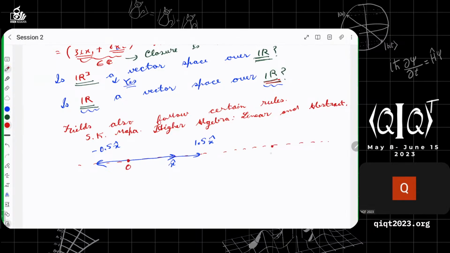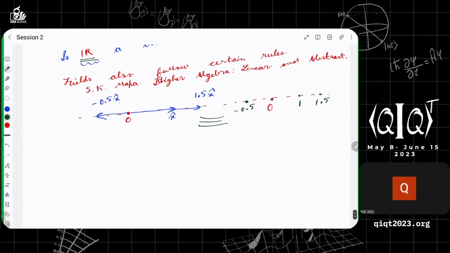The thing is that since there is only one dimension involved, and there's only one unit vector, this x roof denoting the direction is sort of redundant. As in, we could also just denote these points by numbers, right? So points like minus 0.5, 0, 1 and 1.5 all correspond, and they would be totally equivalent. You can write x roof if you want, you can avoid it if you want.